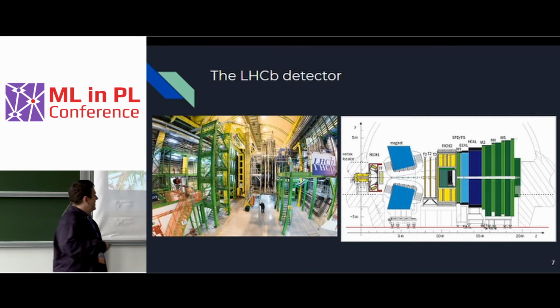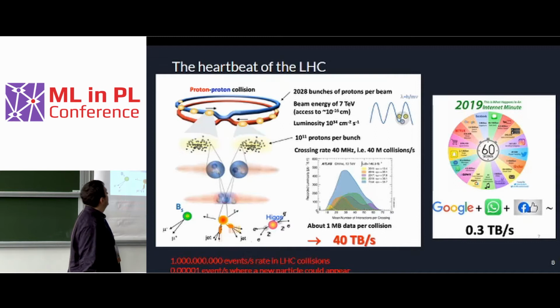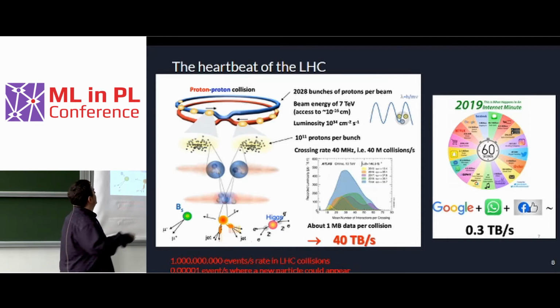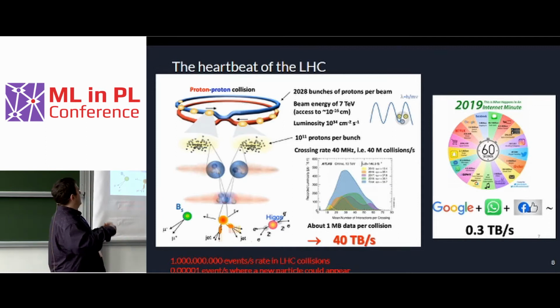Let me show you a comparison of CERN with something related to Google and Facebook. You probably understand the idea. We are colliding the particles and we get some daughters, some outcome of the decay of these collided particles.